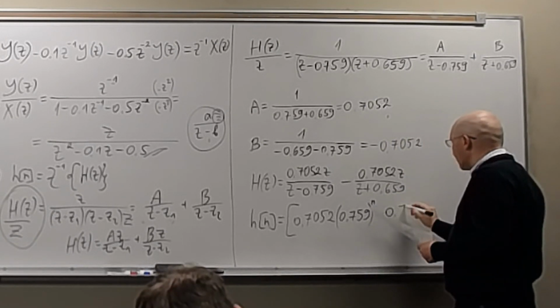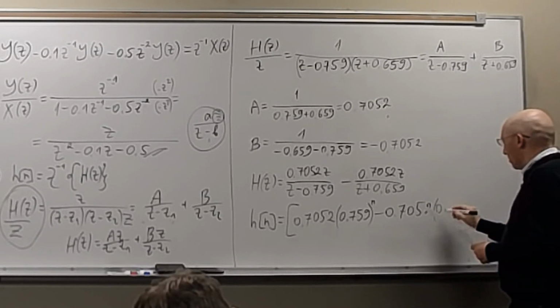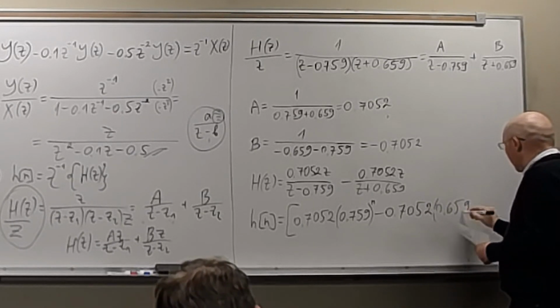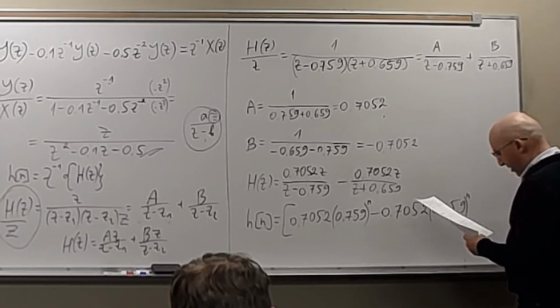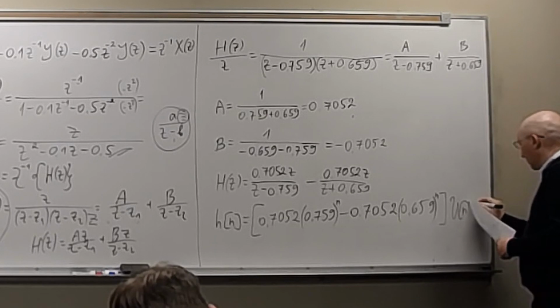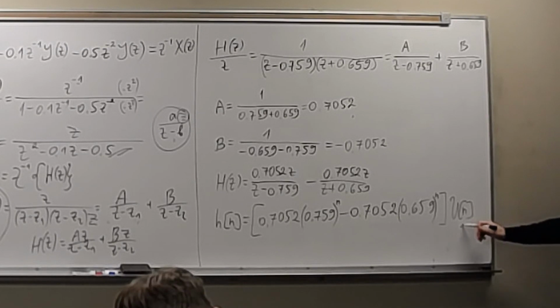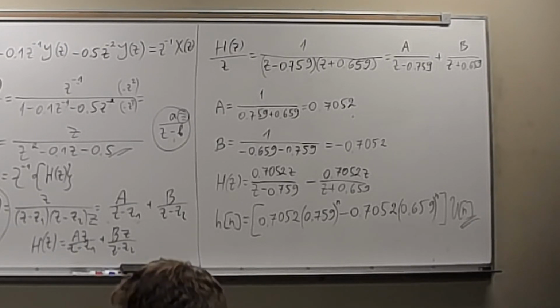Minus 0.7052 times 0.659 to the power of n. And don't forget to put here u of n, because it starts at 0. It's not defined for negative values. This is h of n.